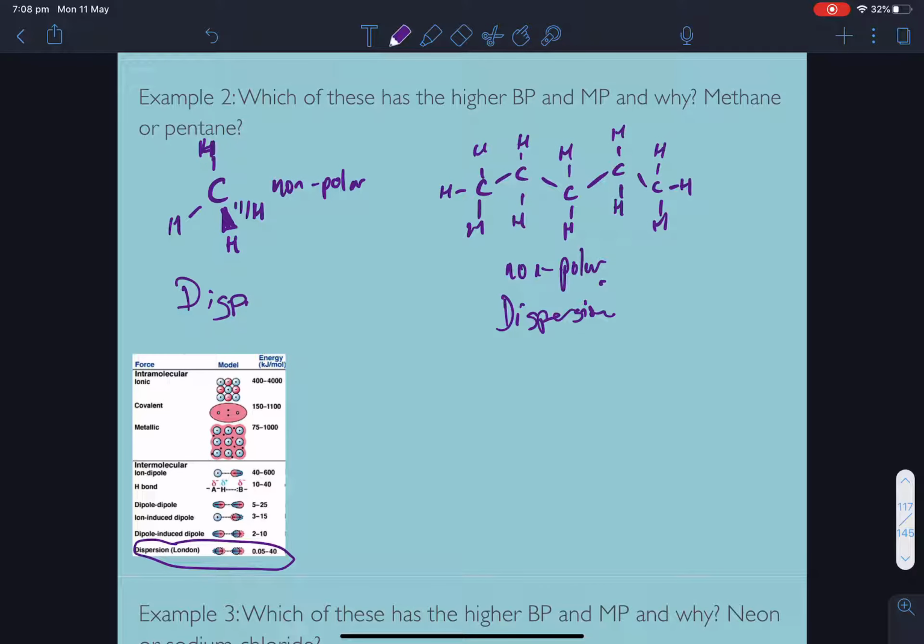I'm sure I did in an earlier video where I talked about the size of the molecule and the dispersion forces between it. Smaller the molecule, just a little tiny dispersion force. But if you've got a longer nonpolar molecule with a longer nonpolar molecule, you get more of these little induced dipole moments.